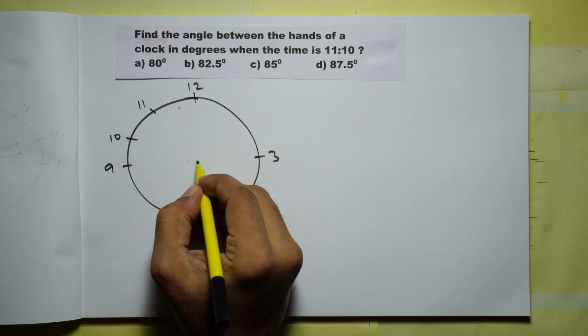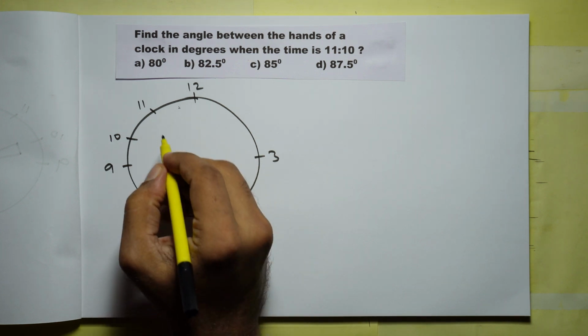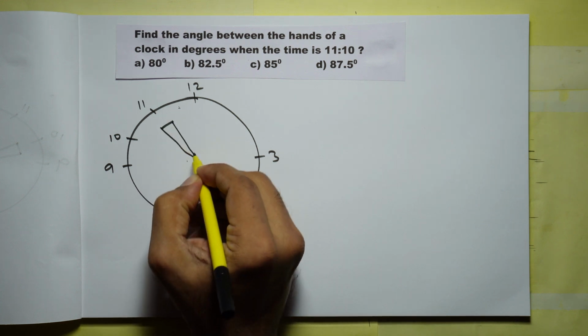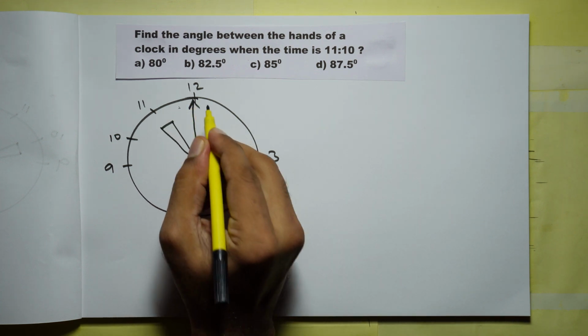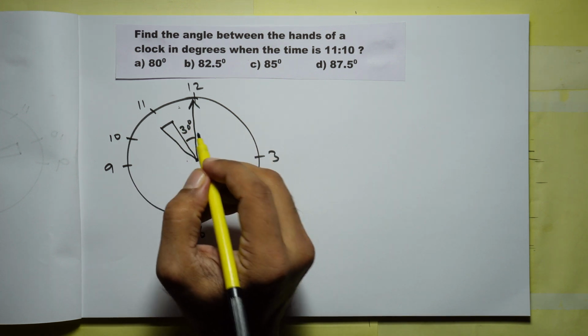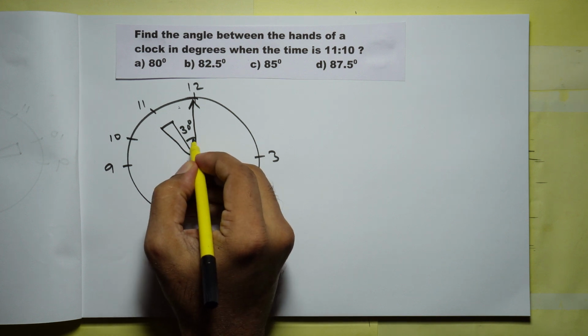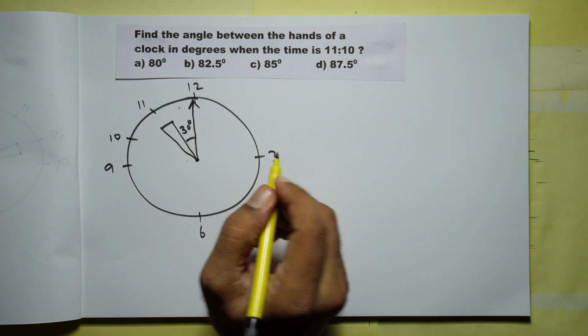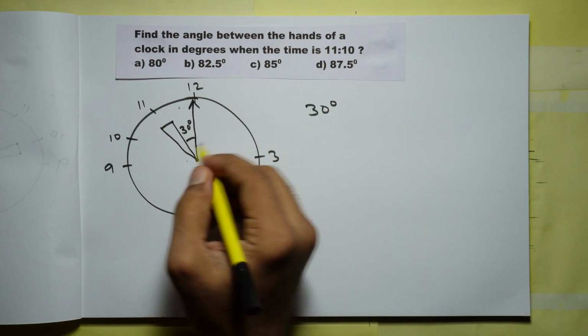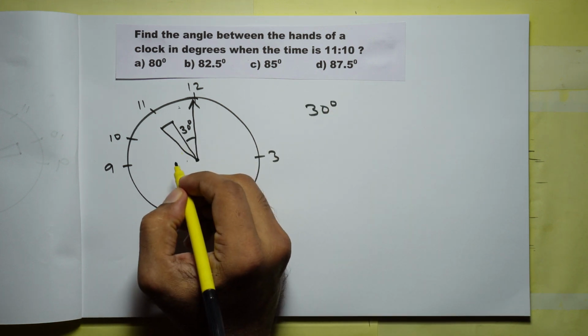So first we'll find out the situation when the time is exactly 11 o'clock. So hour hand will be here and minute hand will be here, and this angle will be 30 degrees. That is, angle between any two successive hours is always 30 degrees. So angle between 11 and 12 will be 30 degrees when the time is exactly 11 o'clock.